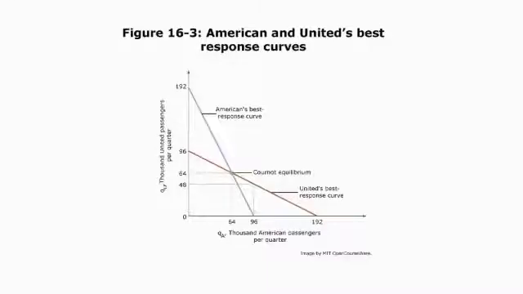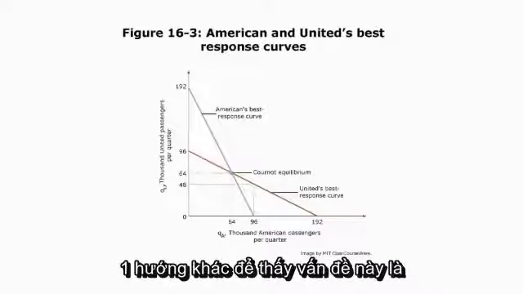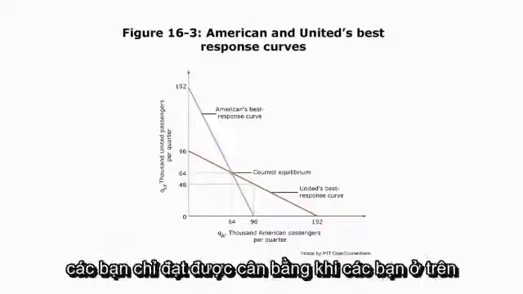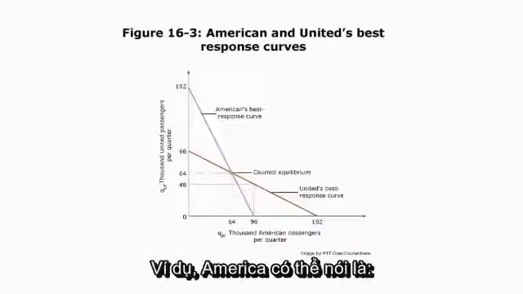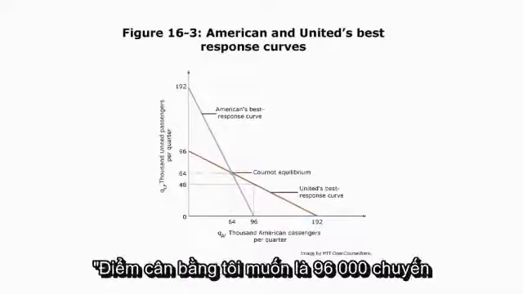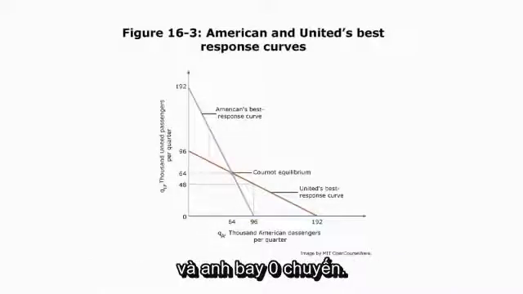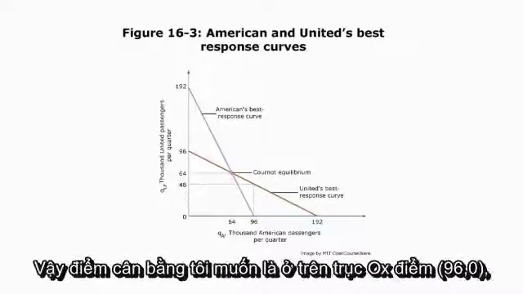Another way to look at this is that you're only in equilibrium if you're on both firms' reaction curves. So for example, American might say, look, the equilibrium I like is where I do 96,000 flights and you, United, do none. That's the point 96, 0 on the x-axis.